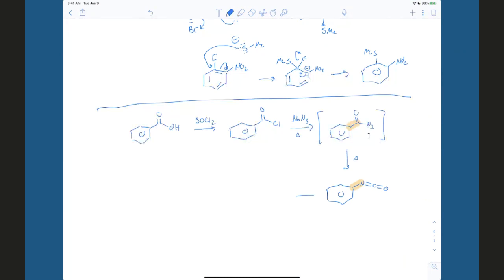And then we add in, so this is what we just discussed at the beginning of office hours. But this can attack in, and then after proton transfer, we make this urea. We have an ethyl here. That was answer A.